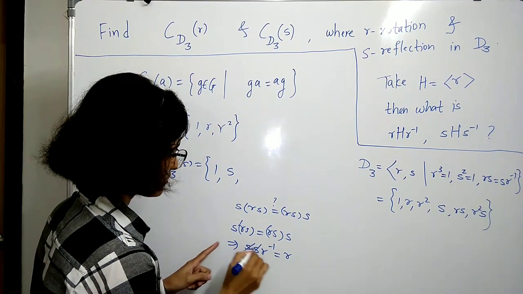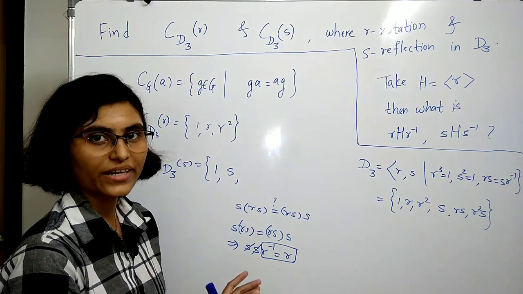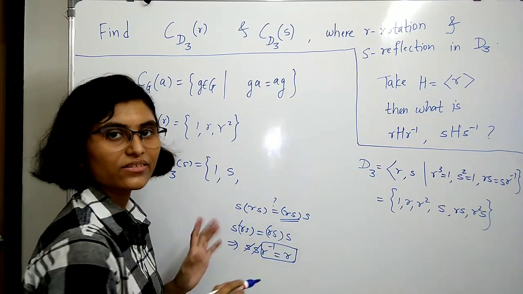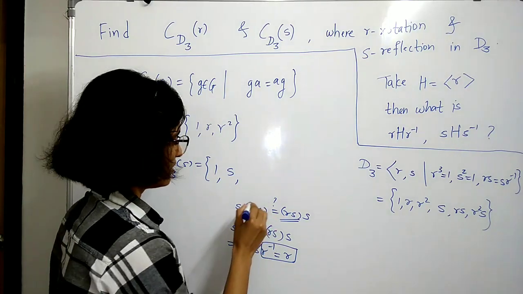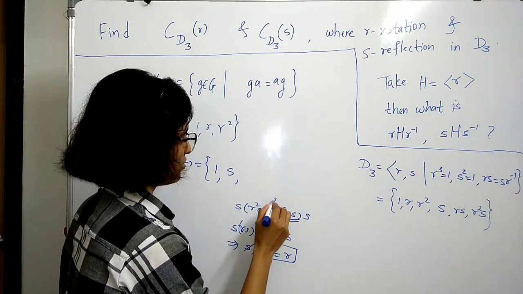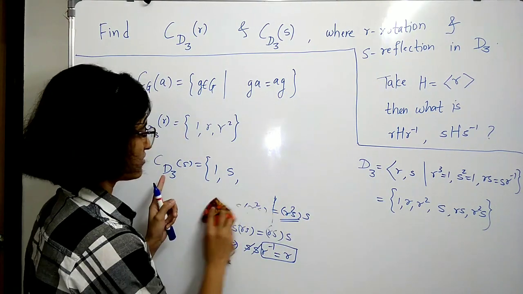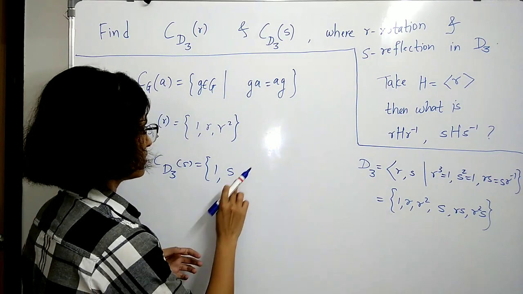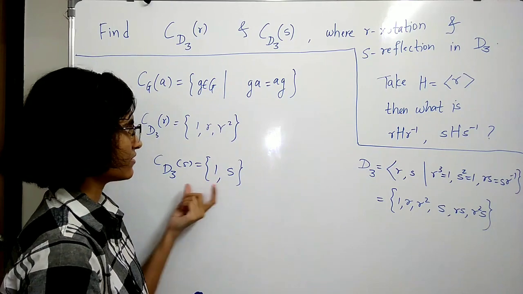So this gives us R inverse is equal to R, which is R square is equal to 1, right? Which is not true. So this set does not contain this RS, right? Similarly, we can check that this S times R square S, the next element, is not equal to this R square S times S. That means this set contains just 1 and S. So the centralizer of S in D3 is just {1, S}.